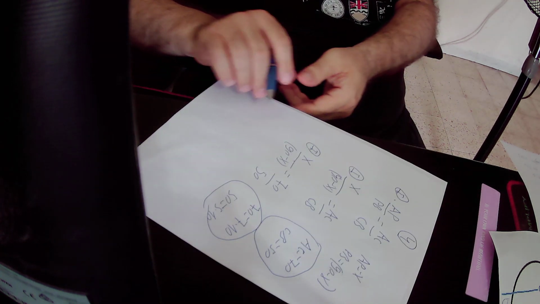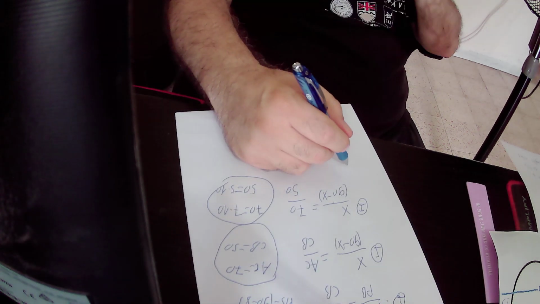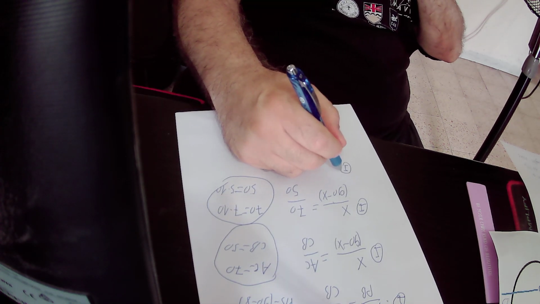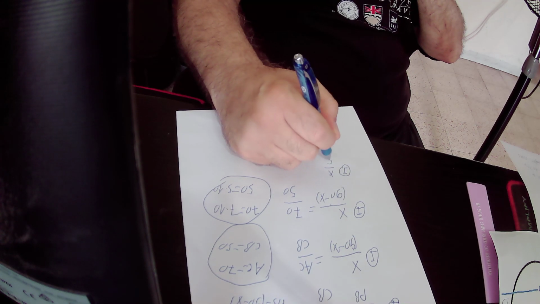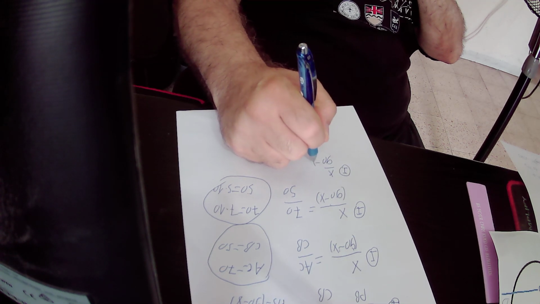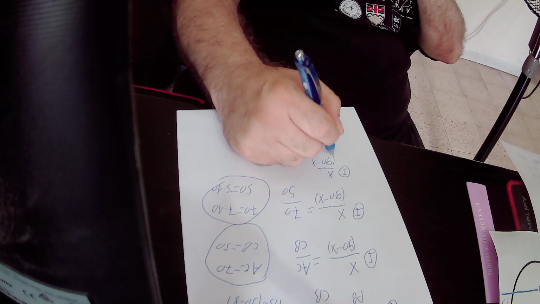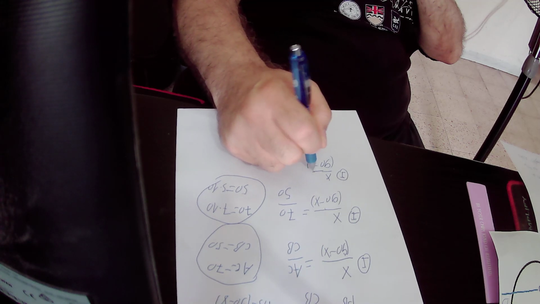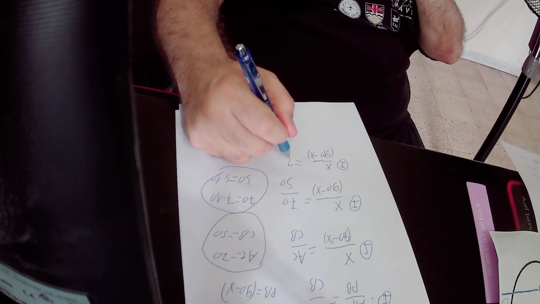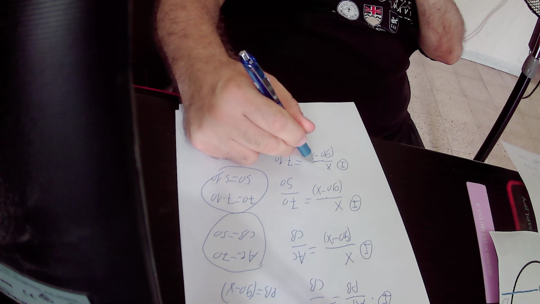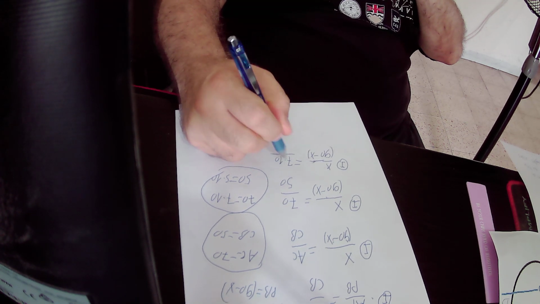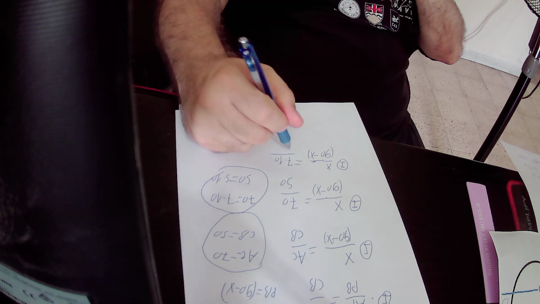So here we can also substitute 70 by 7 times 10 and 50 by 5 times 10.